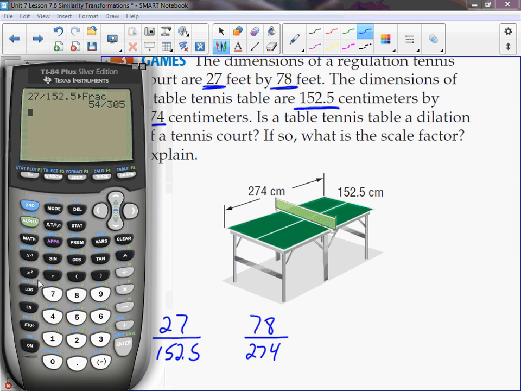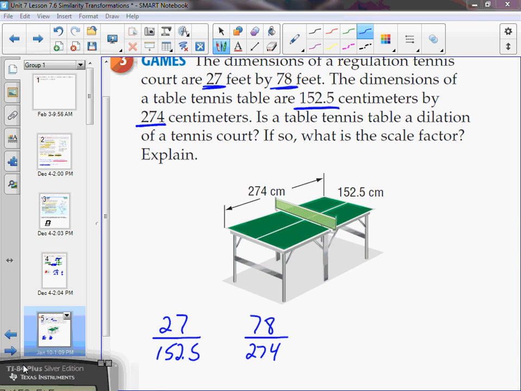Let's see if 78 divided by 274, math, fraction, enter. Oh, they're not equal. Since the ratios are not equal, the corresponding sides are not proportional. If the corresponding sides are not proportional, are those figures similar? No. And if the figures are not similar, then that is not a dilation, because a dilation results in similar figures.